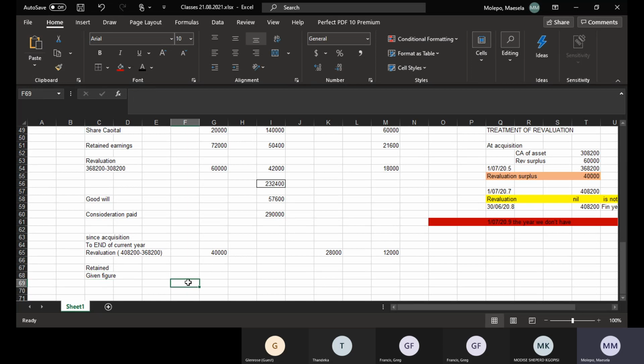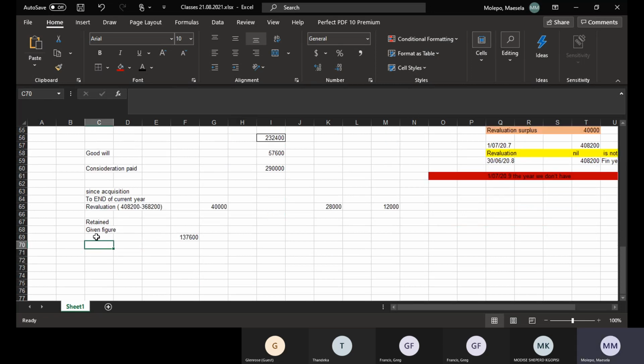Now there was an unrealized profit. The unrealized profit is based on the closing balances.